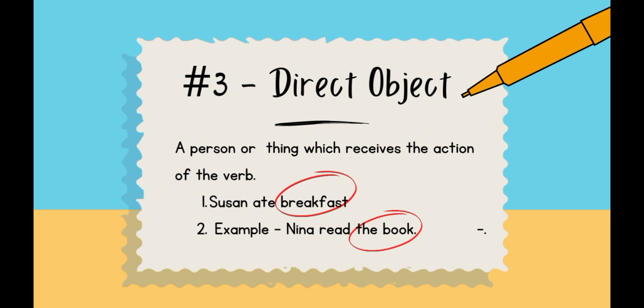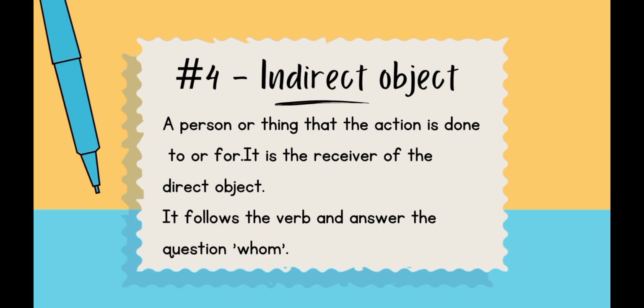Breakfast here receives the action. So breakfast is the direct object. Then Nina read the book. The book is the direct object here, receiving the action of the verb.